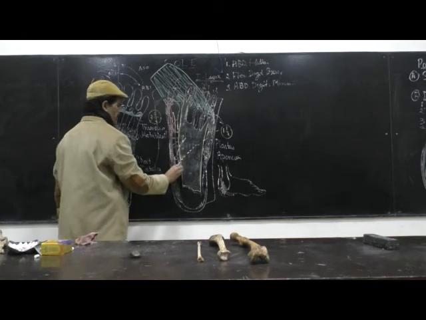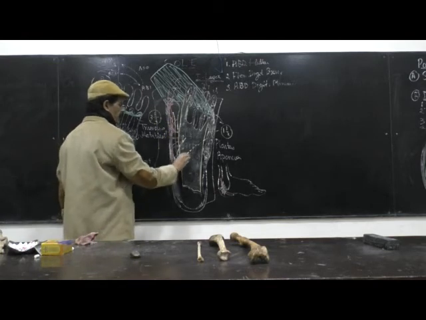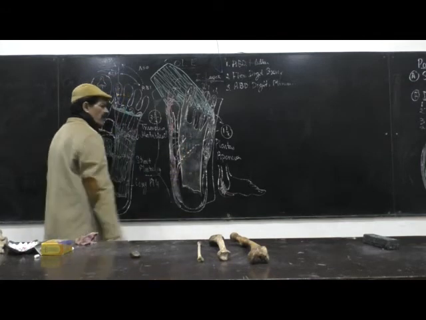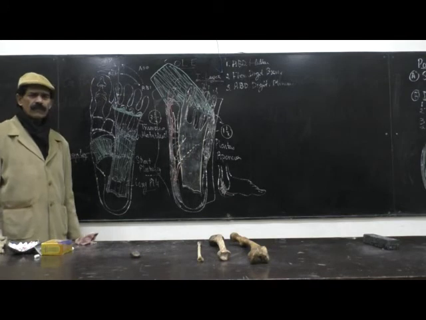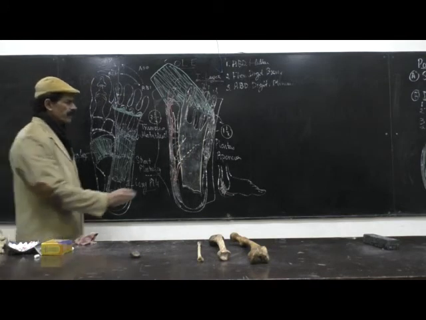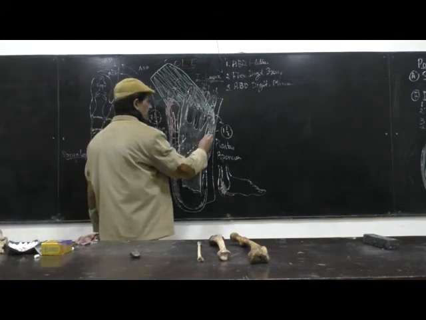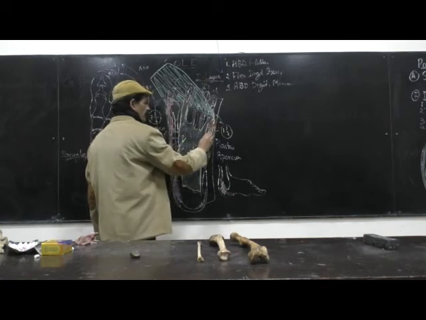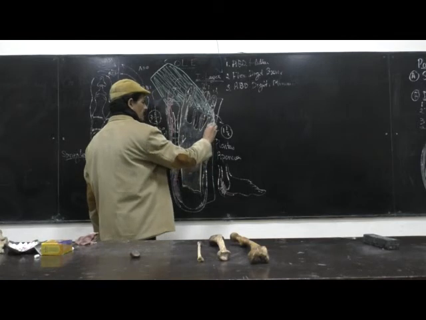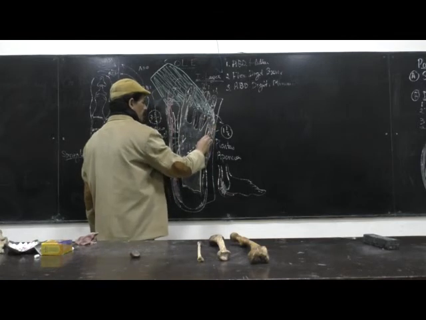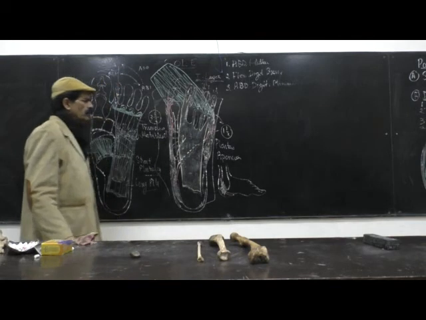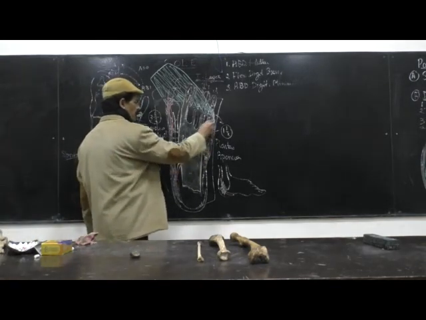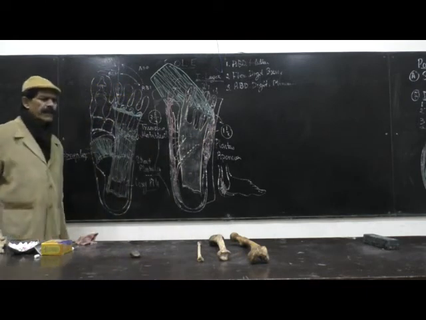The lateral plantar artery goes between the first and second layer, then deep to the flexor digitorum brevis muscle along with the lateral plantar nerve. This lateral plantar artery goes laterally and it goes up to the tuberosity of the fifth metatarsal along with the nerve, and it supplies the muscles on the lateral aspect and structures on the lateral part.